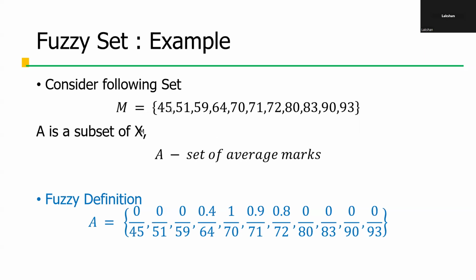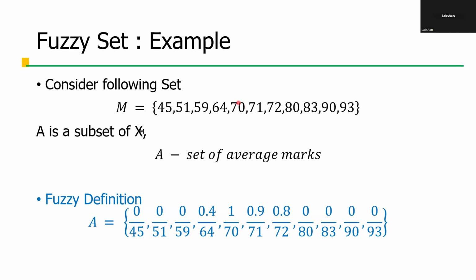We have marks from 45 to 93, and we need the set of average marks. And we consider the exact average mark is 70. In here we have the 70.